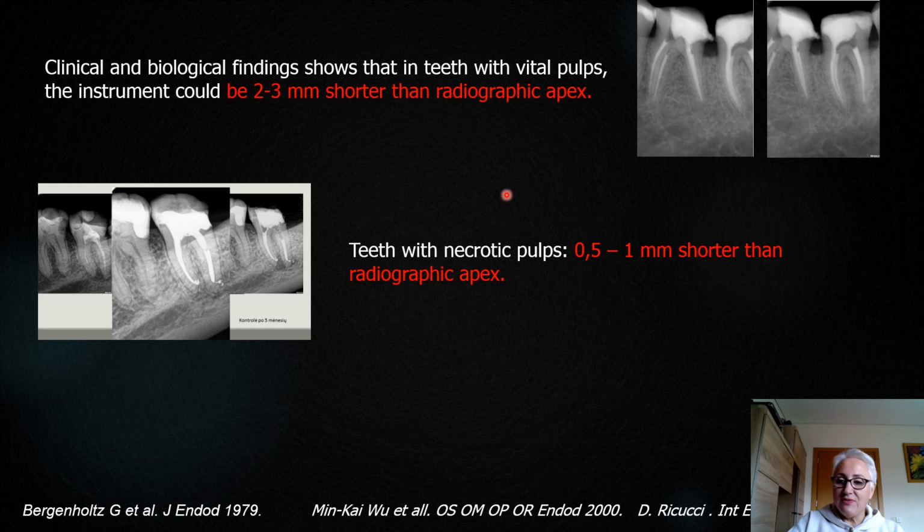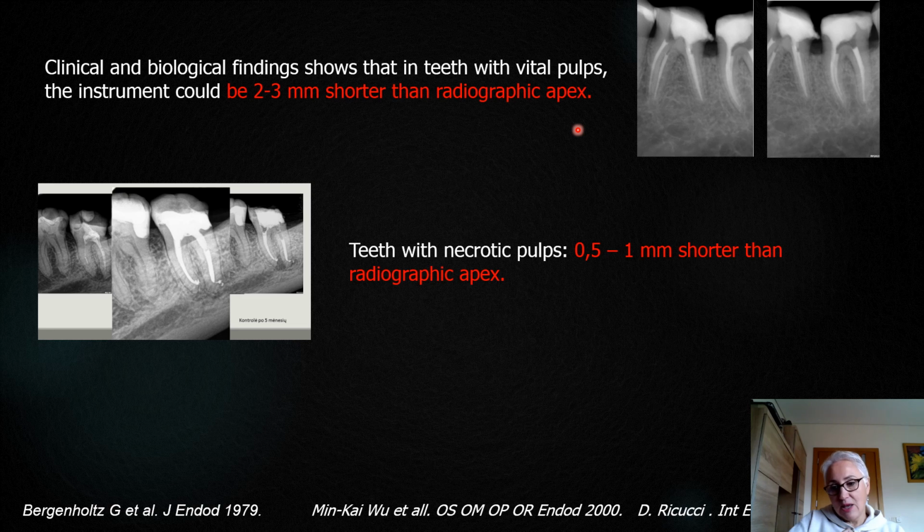Some dentists think that we can adapt our working length for instrumentation and obturation according to the diagnosis. Let's say we have endodontic treatment for teeth with vital pulps, so the instrument could even be 2 or 3 millimeters shorter than the radiographic apex.